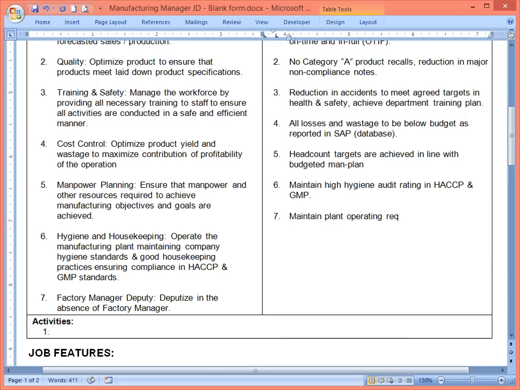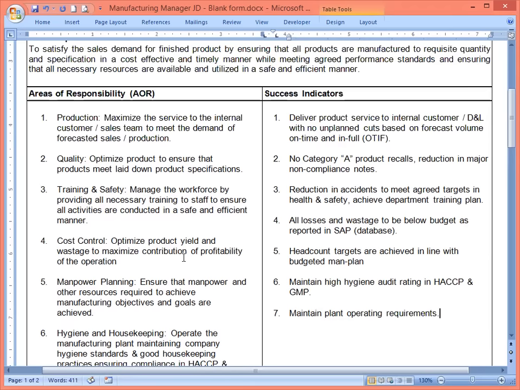All right, this is how we write our job description in terms of area of responsibility and success indicators.